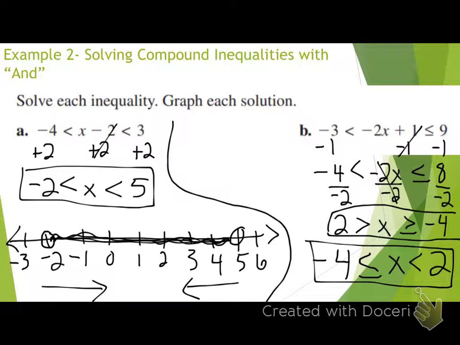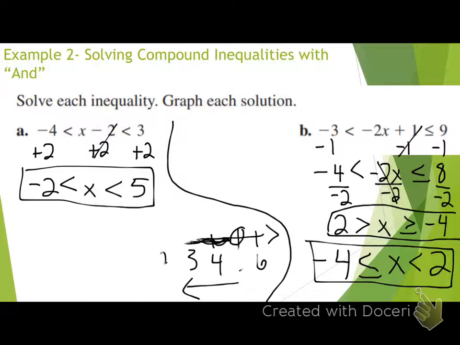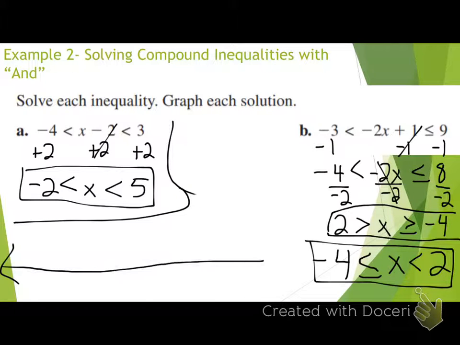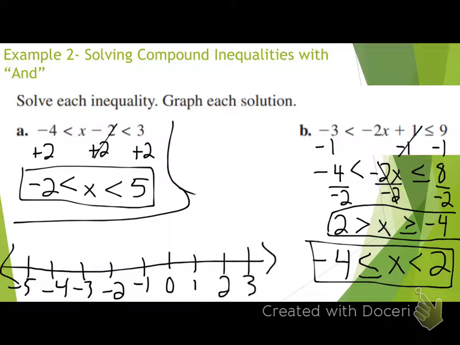Everyone okay if I erase the graph of A? Open or closed dot on negative 4?